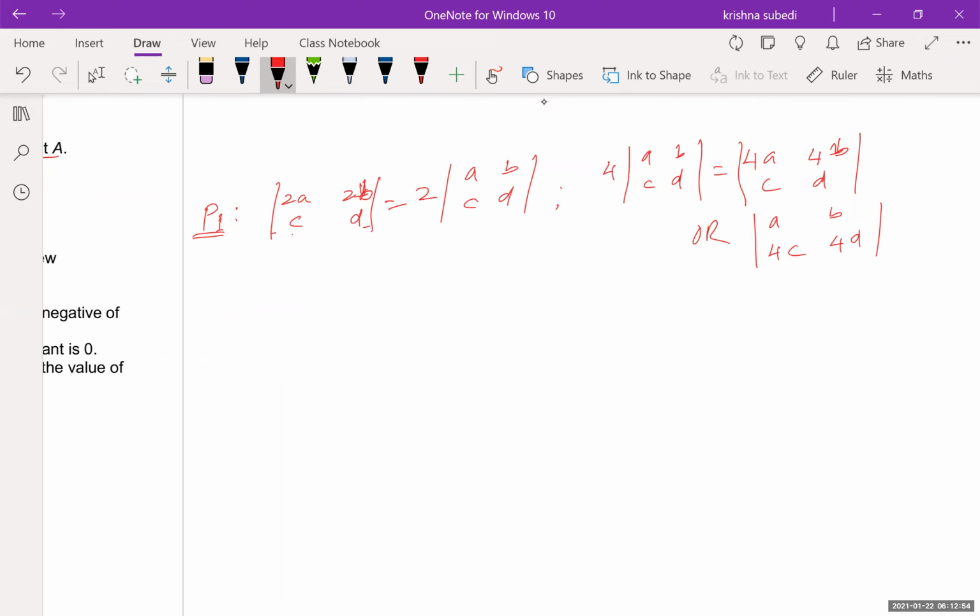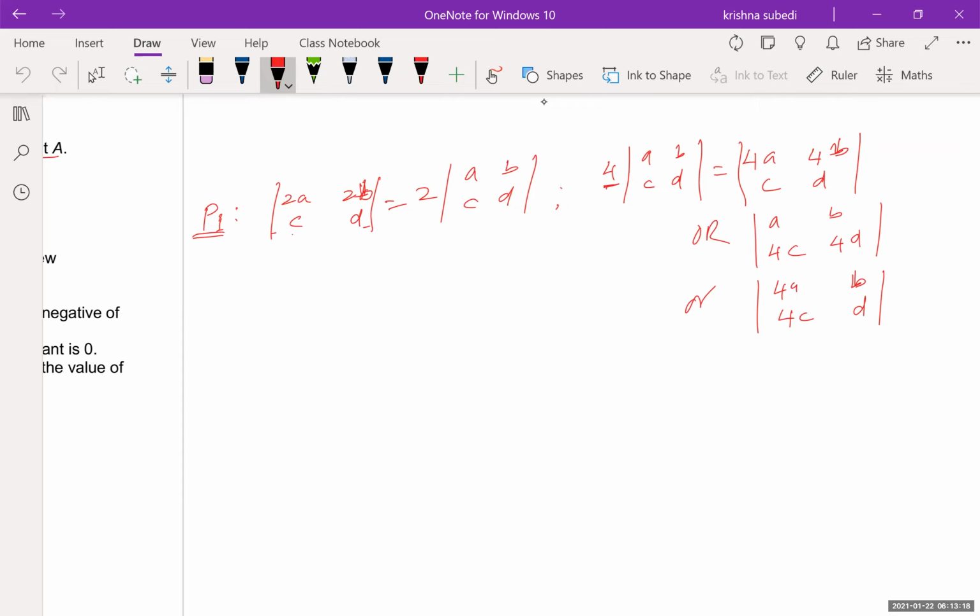We can write this way, or we can write 4A, 4C, B, and D. So what it means is if you have to multiply this, then you can multiply with either one row or one column. Doesn't matter which one, but you can multiply with only one row or column.